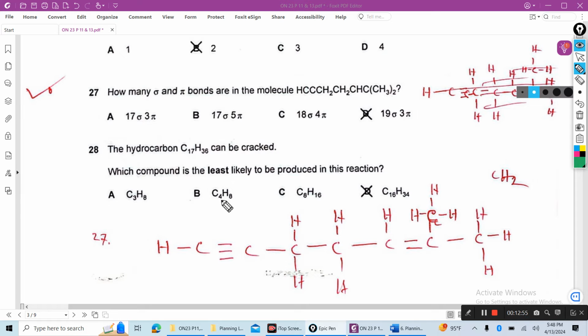Yes, if you count, you get 19 sigma bonds, and 3 pi bonds.